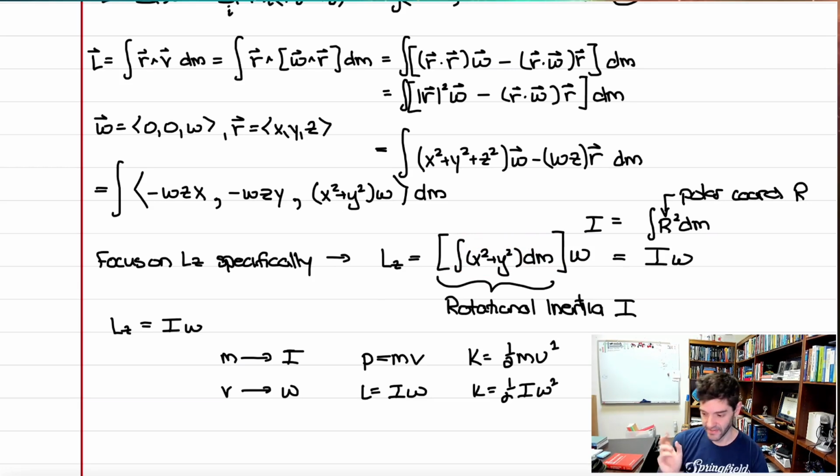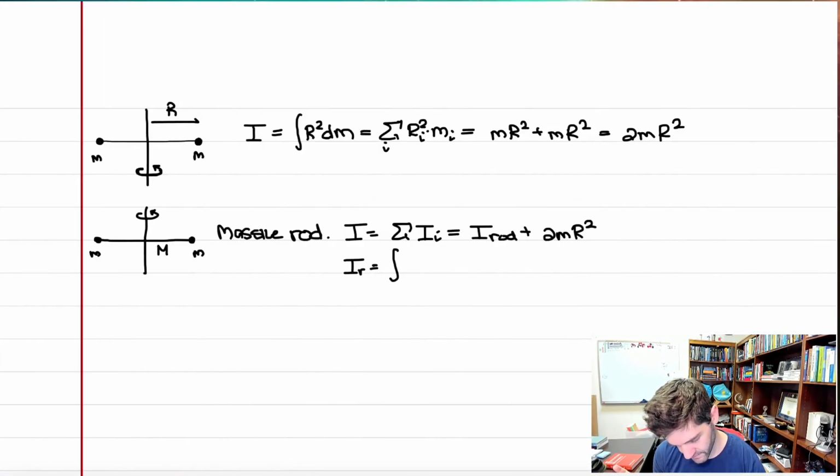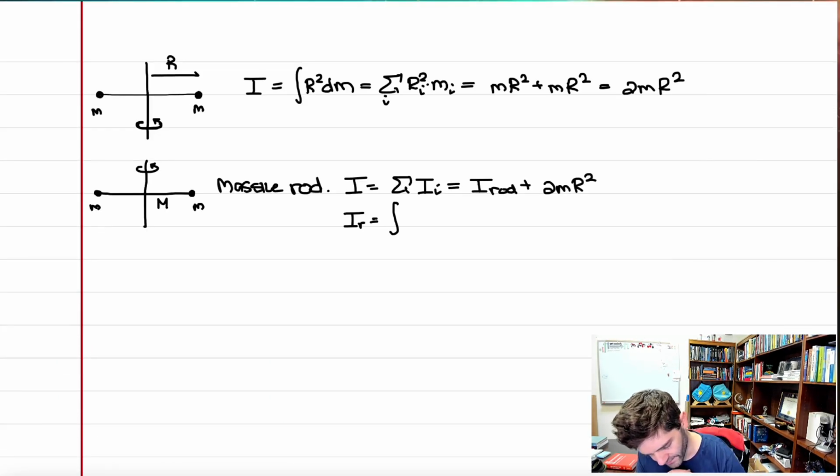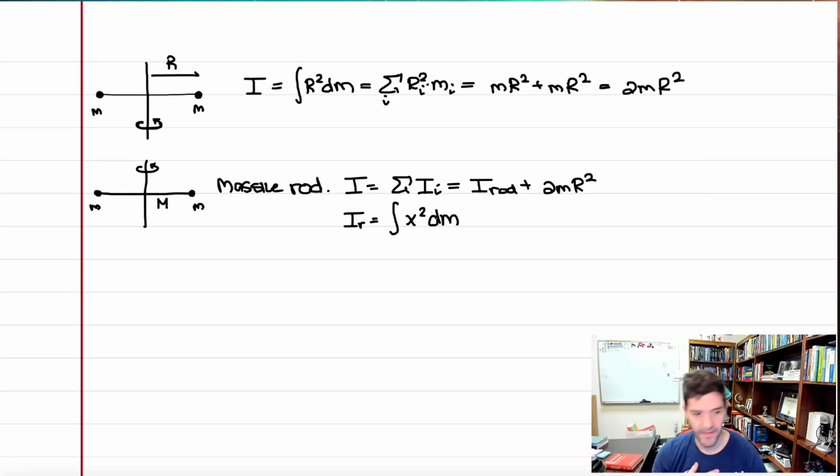So I can't just plug in capital R squared right away. Really, in this case it's an integral over x. You can think of this as x squared times dm, because all the mass lies along the x-axis.